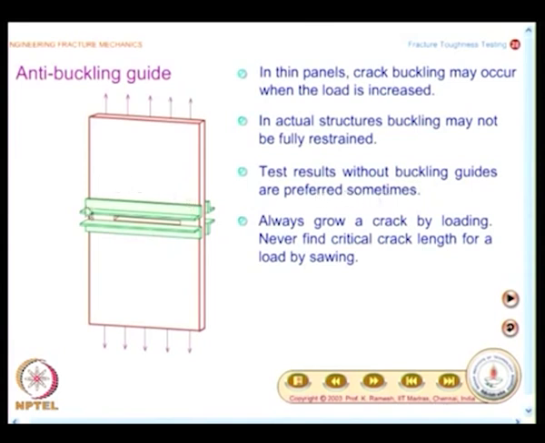Nevertheless, you draw this diagram where you have these special guides provided, which will prevent the panel from buckling when loads are applied. These are the guides to prevent buckling, they are known as anti-buckling guides. So, one recommendation is perform the test with anti-buckling guides.